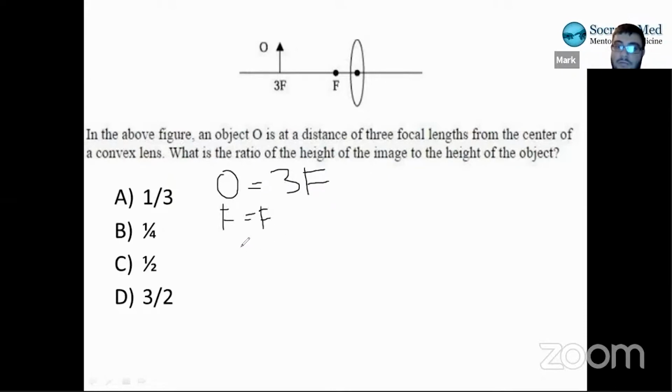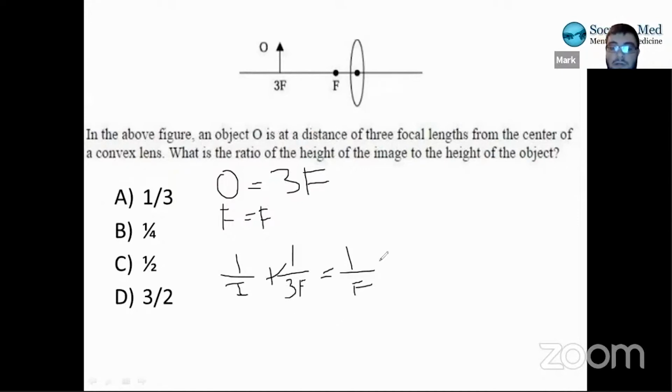Now you have 2 of the 3 variables for the main equation, 1 over I plus 1 over O equals 1 over F, right? We can replace O with 3F, because the problem said the object is at a distance of 3 focal lengths, right?